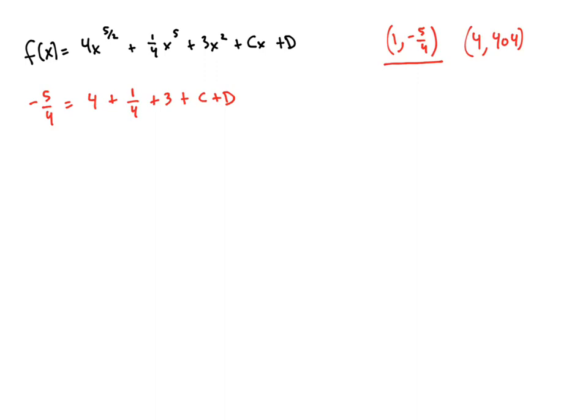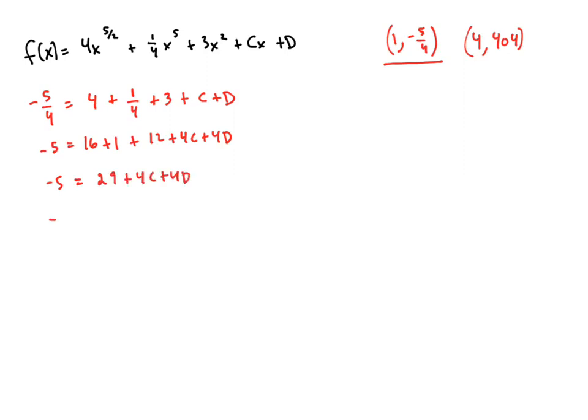And we can simplify this. Let's see. What's the easiest way to do this? Maybe multiplying through everything by 4. So I end up with negative 5 is equal to 16 plus 1 plus 12 plus 4c plus 4d. So negative 5 is equal to, what do I have? 29 plus 4c plus 4d.